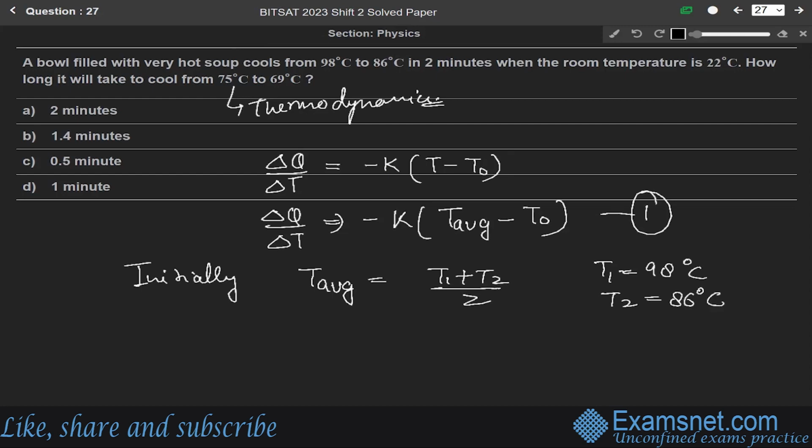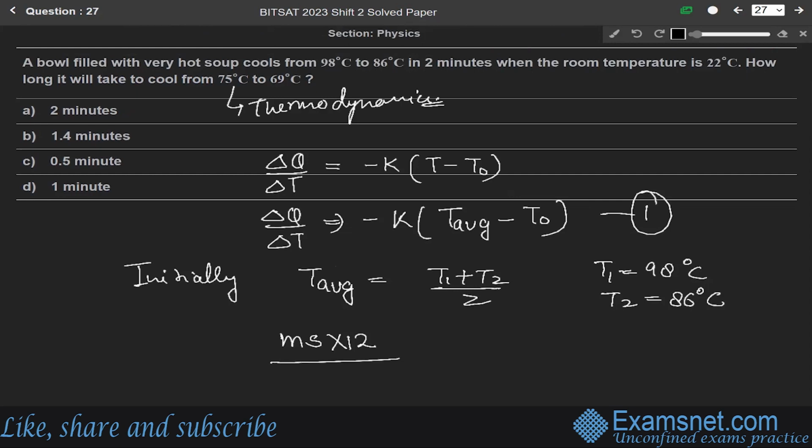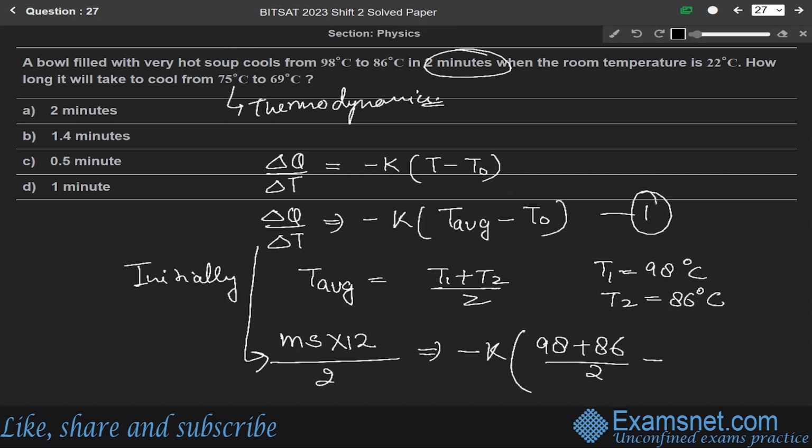Okay. So we can write MS into 12 over time, which is given as 2 minutes, so MS into 12 divided by 2 is equal to minus K. T average means 98 plus 86 over 2, minus T naught. T naught is 22 degrees Celsius.